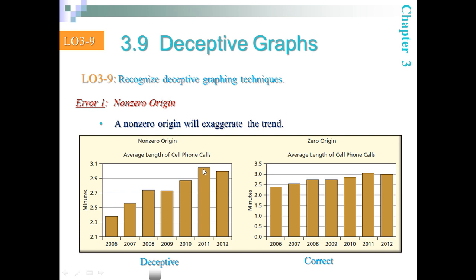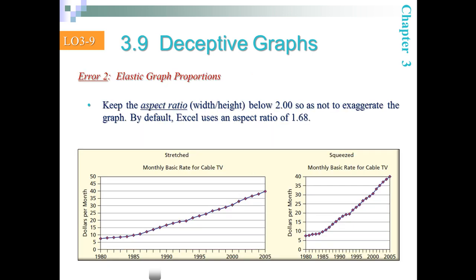Another thing that can be done is to stretch the aspect ratio, and you can see here that the x-axis is stretched out considerably over here, and it looks like there's a nice little gradual increase.